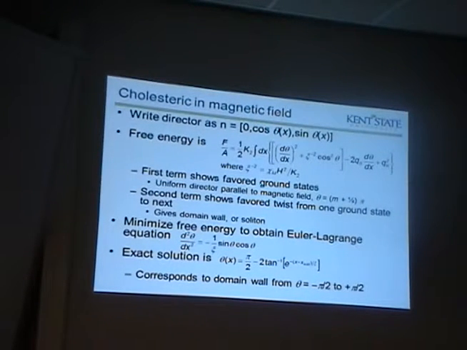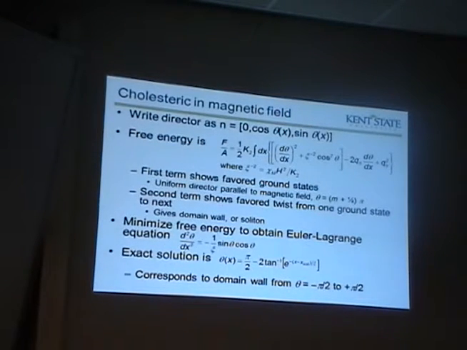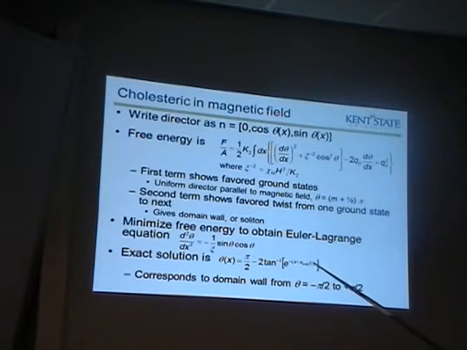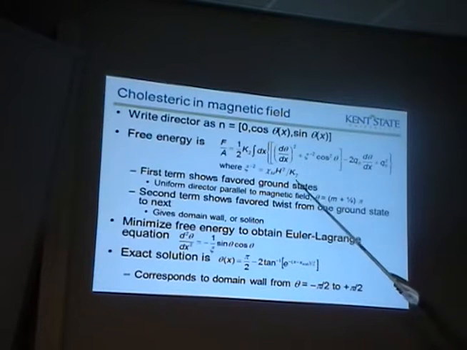And if you do the exact solution, you can learn two things. One is that you get this correlation length, in terms of the magnetic field and other parameters. And that correlation length is the width of this region.